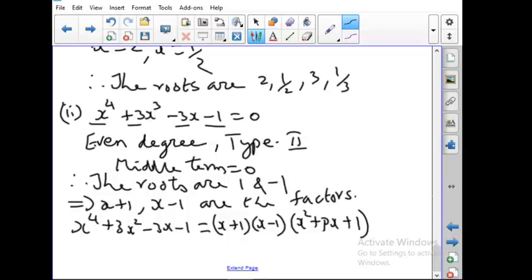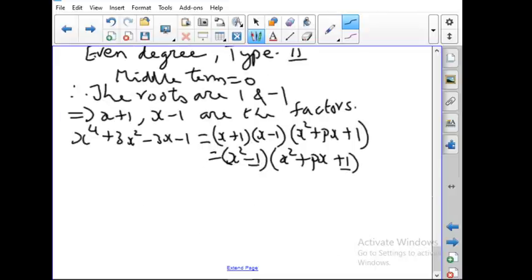Here we have x power 4, so we are writing x square, and the last term we have is minus 1, so we take plus 1. This is x square minus 1 into x square plus px plus 1. So 1 into minus 1 gives you minus 1, which is the last term.